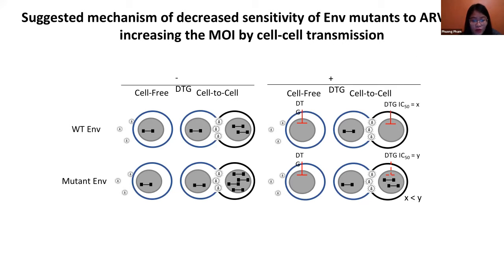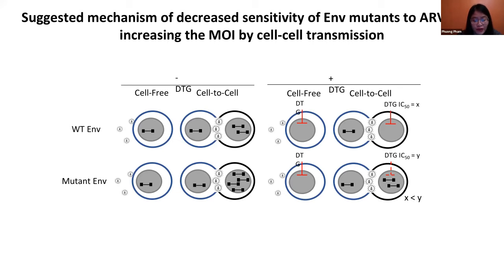However, we know that with cell-to-cell transmission, you can have more than one provirus in the target cell, and this phenotype may be more enhanced with our ENV mutants that enhance cell-to-cell transmission. And in the presence of dolutegravir, as shown in the right diagram, you can imagine that maybe the concentration of drug that's required to inhibit cell-free infection may be insufficient to inhibit cell-to-cell transmission.